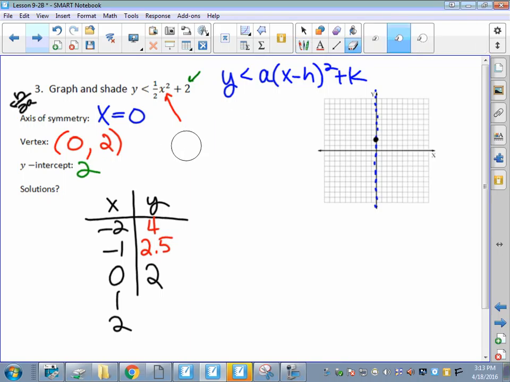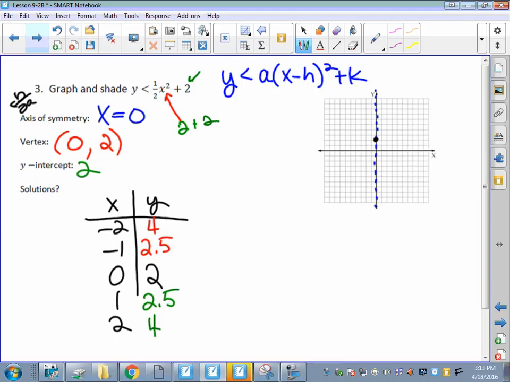I already know what I should get when I put a 1 in that spot, but 1 squared is 1 times 1/2 is 1/2 plus 2 gives me another 2.5. And when I put that 2 in there, 2 squared is 4, 1/2 of 4 is 2, plus the 2 at the end is 4.